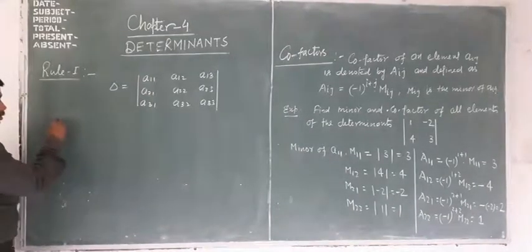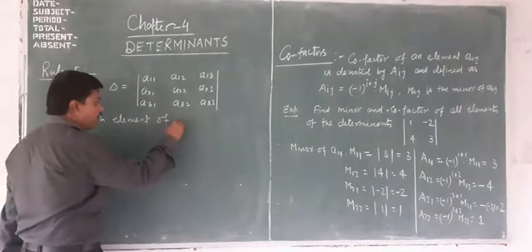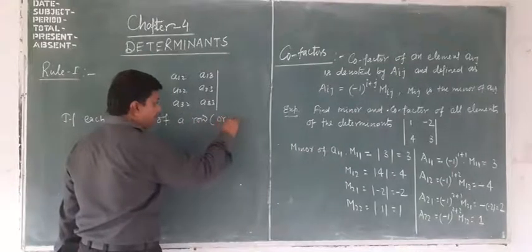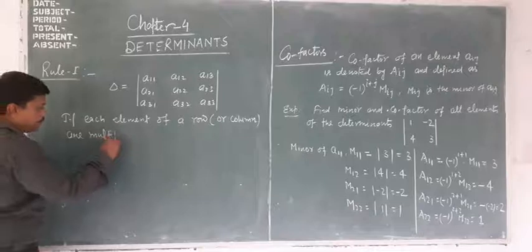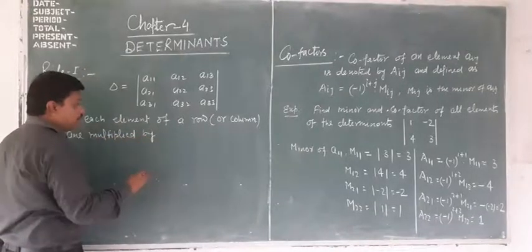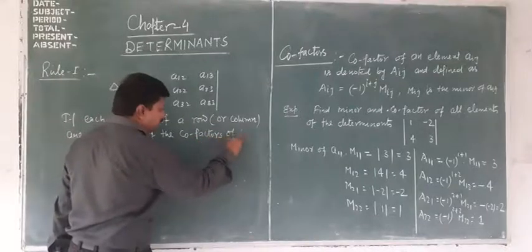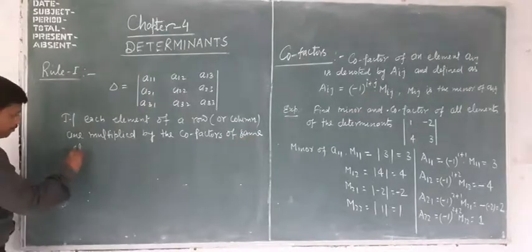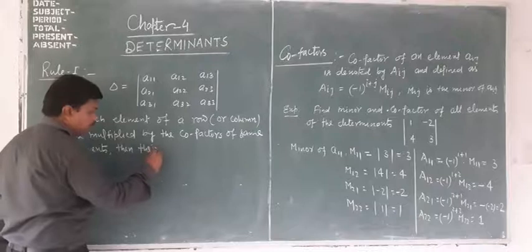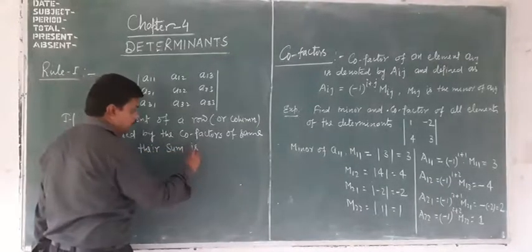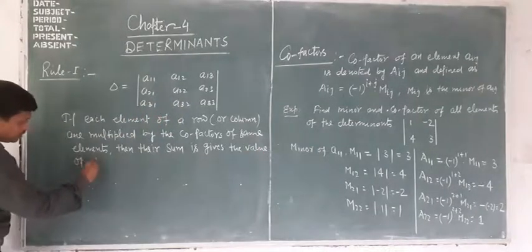Rule 1 is that if each element of a row or column is multiplied by the cofactors of the same element, then their sum gives the value of the determinant.